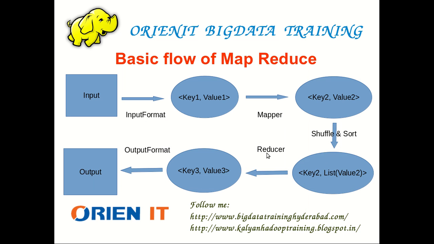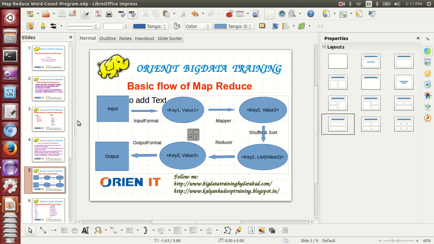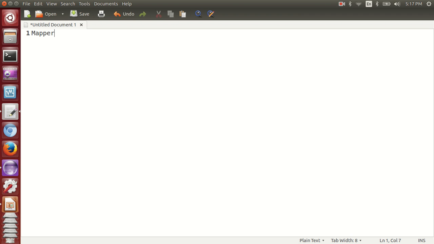What the reducer will take care of is aggregating the list of values as a final sum and assigning it to the corresponding word. Let me write it in the note. What the map function has to do: the first step is to read the file line by line.